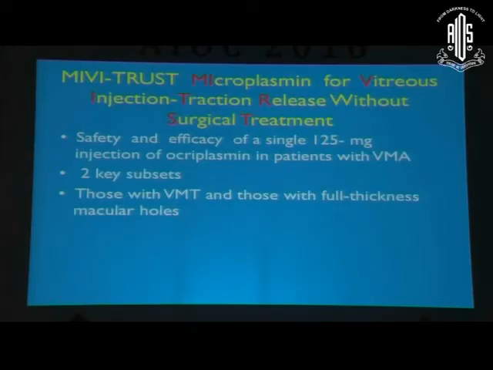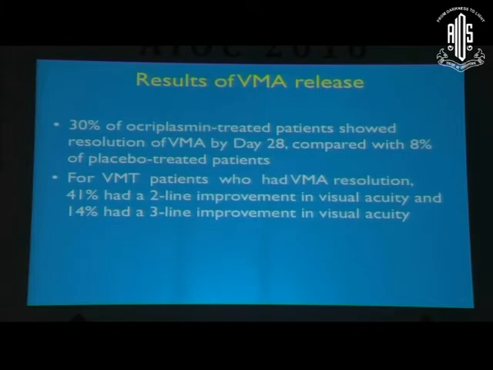So this MIVI Trust trial was performed in 2 parallel phase 3 trials, and then, as I said, 125 microgram was injected at baseline, and they studied the patients at 1 day, week 1, day 28, and then went on up to 6 months. And patients, as I said, with VMT, VMA, and 400 microns or less of macular hole were included.